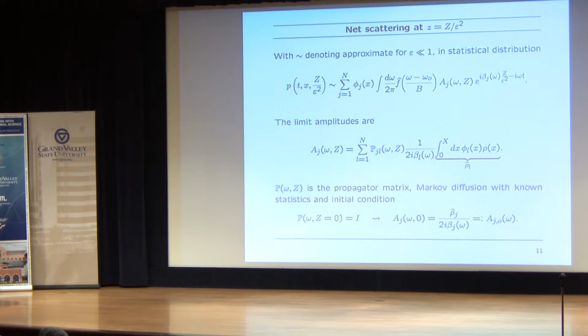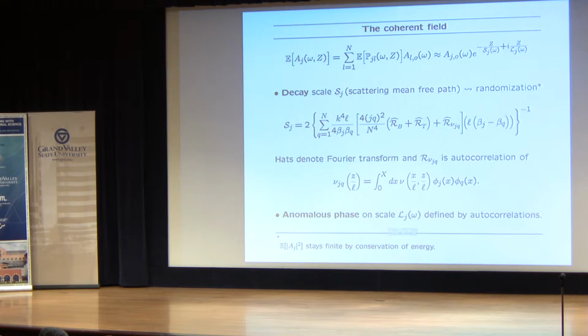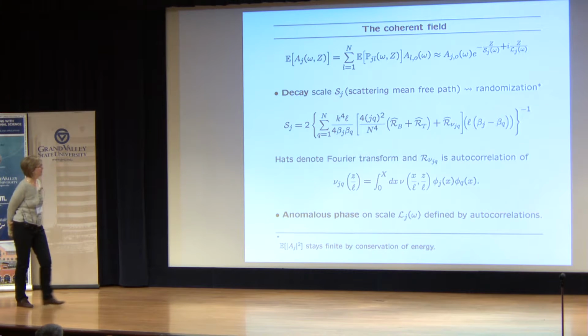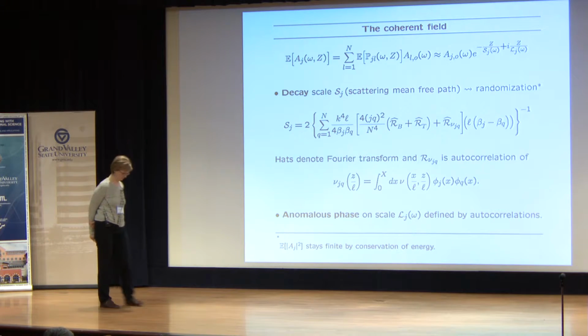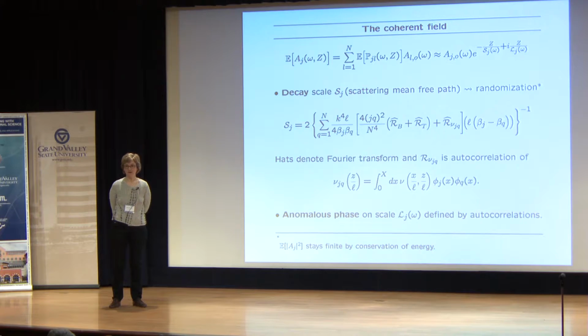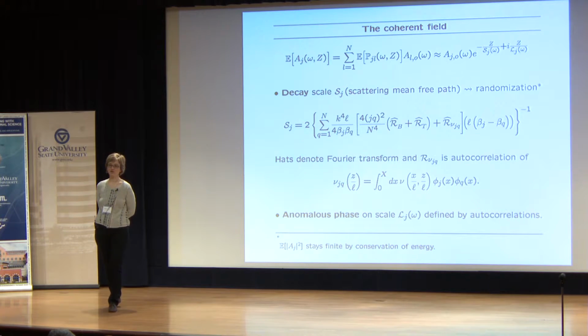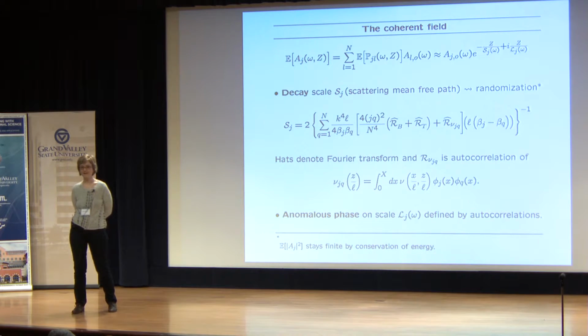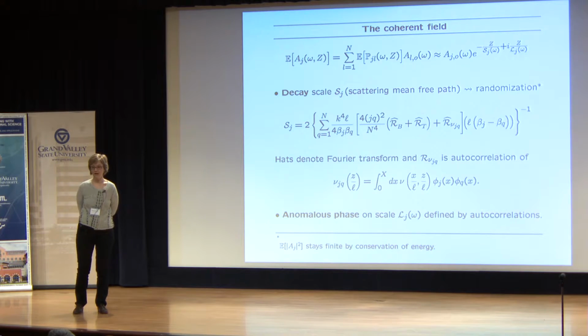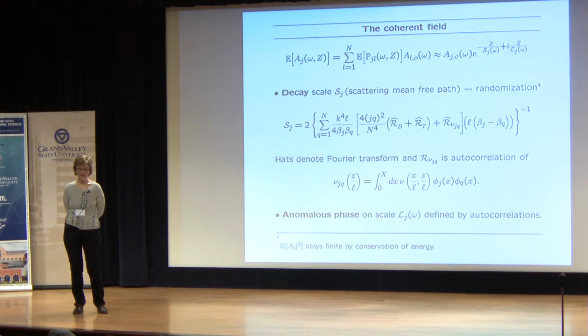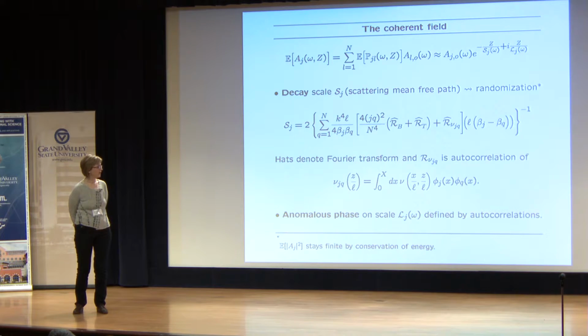Okay, so let us look first at the coherent field. The coherent field is the statistical expectation. This is what classic imaging relies on. Classic imaging, or coherent imaging, assumes that what you measure is basically the coherent wave plus small noise.